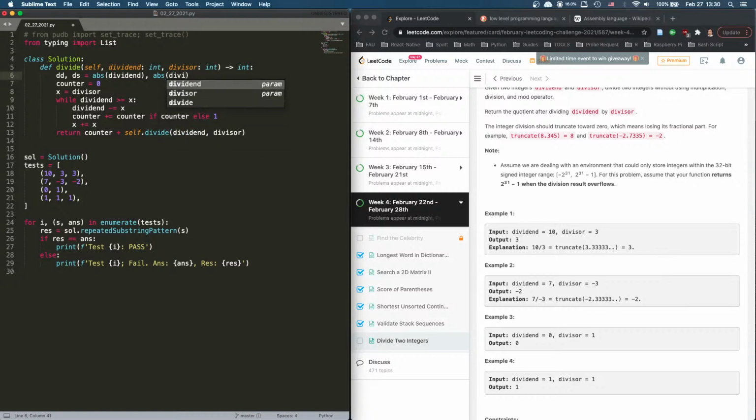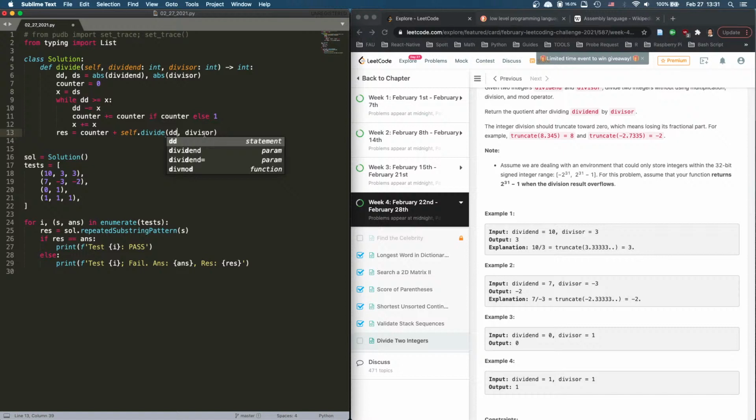We have the counter, we have the divisor, and if the dividend is larger, all of this is the same. Dividend, counter, x, and then we have res equals counter, and this is going to be dd and ds.